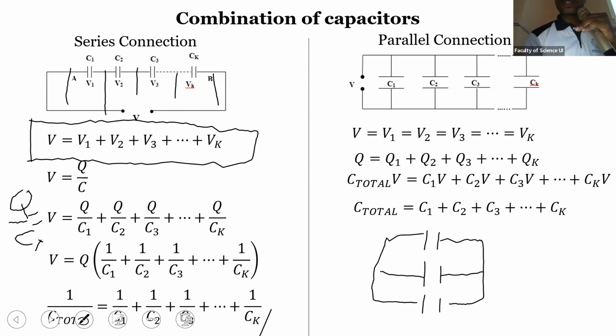So as you say, this is C1, C2, C3, and we connect them across a certain voltage V. In this type of connection, the voltage across C1 is equal to the voltage across C2, is equal to the voltage across C3, is equal to the voltage across C4, is equal to the voltage across C5.